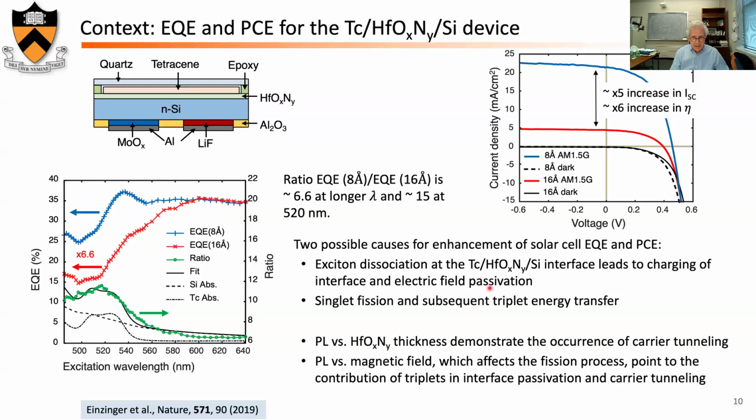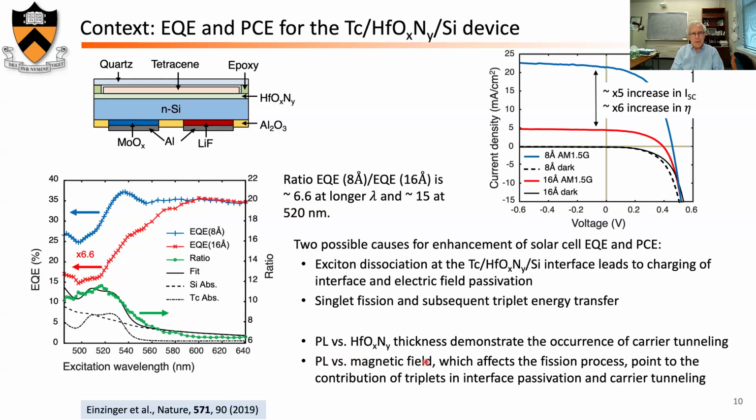It turns out to be a combination of both, and this is demonstrated through various experiments of photoluminescence versus the oxide thickness, which demonstrates the occurrence of carrier tunneling, and photoluminescence versus magnetic field.